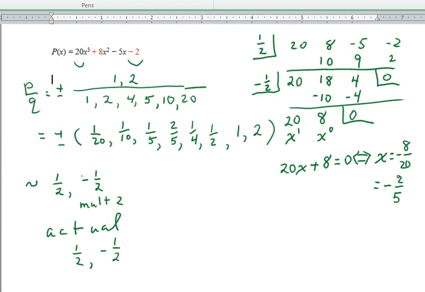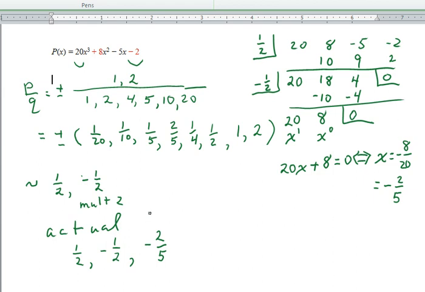There is a third completely different 0 here. -1/2 did not have multiplicity 2. There were 2 zeros that were very close together. We've got -0.5 and -0.4.